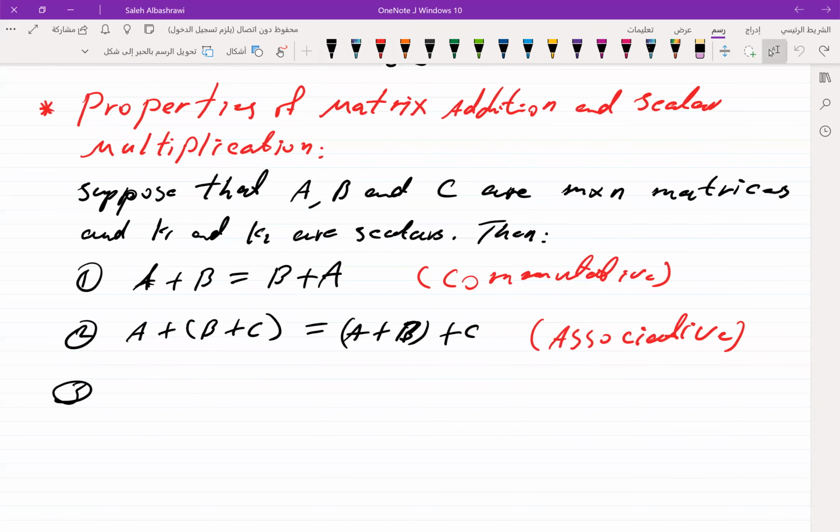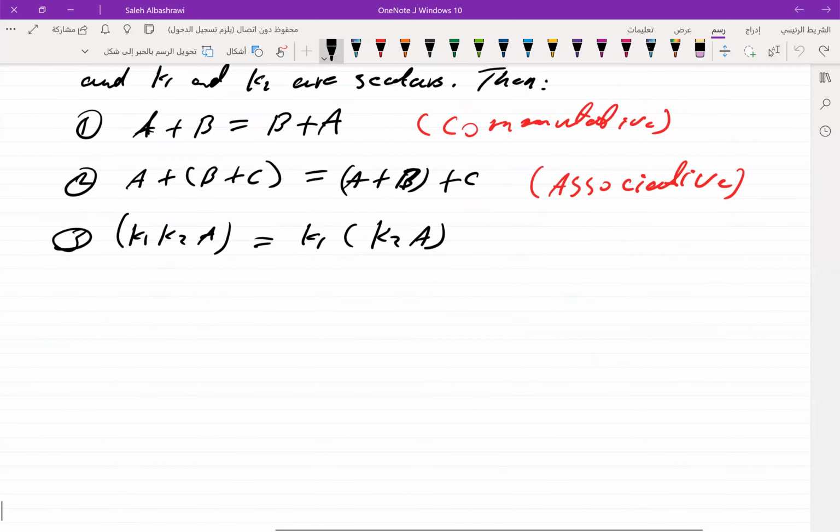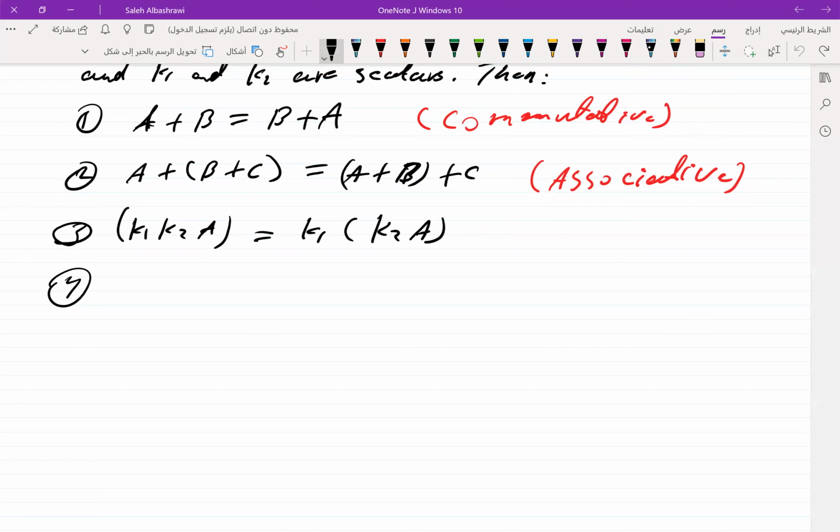Number 3, K1 multiplied by K2 multiplied by A equal to K1 times K2 times A, using the scalar multiplication. Number 4, K1 multiplied by A plus B is equal to K1 times A plus K1 times B. Distributive properties.